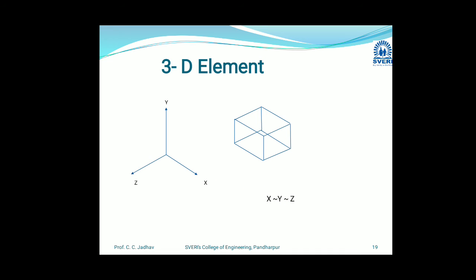Next is the three-dimensional element. Now you can see that nearly all the dimensions are equally spaced, that is x is approximately equal to y and approximately equal to z. When all dimensions are nearly equal, then 3D elements are used for meshing purposes. During analysis, no extra information like cross-section and thickness is required to be provided additionally.